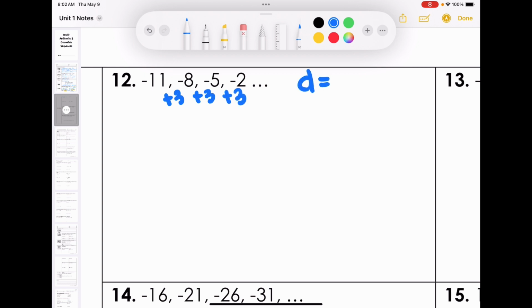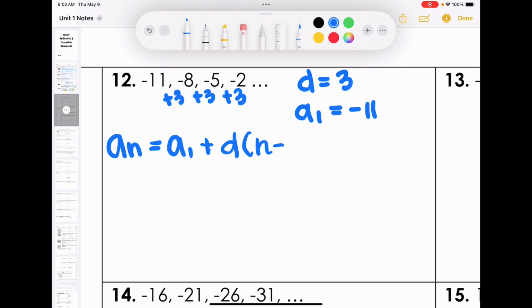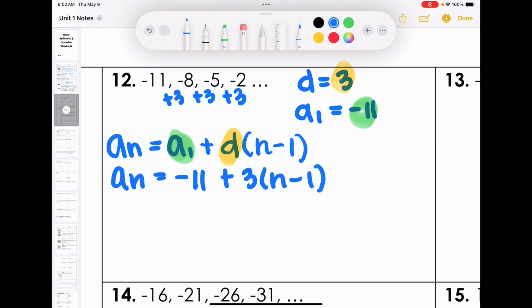So my common difference is going to be 3, and my first term is going to be negative 11. So I'm going to plug 3 in for D, and negative 11 in for A1. So there's our arithmetic sequence formula.